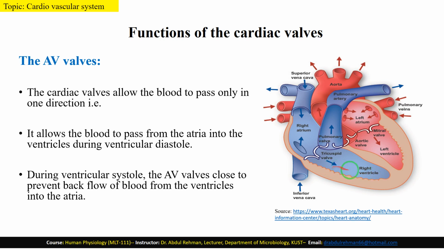But during ventricular systole contraction, these valves become closed, so they prevent the backflow. If sometimes the right ventricle during contraction pumps blood back to the right atrium, there is a disease condition which can lead to cardiac arrest or sometimes heart attack.